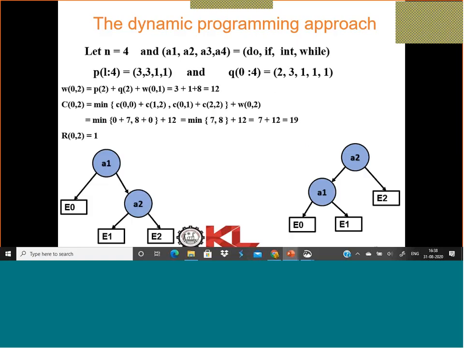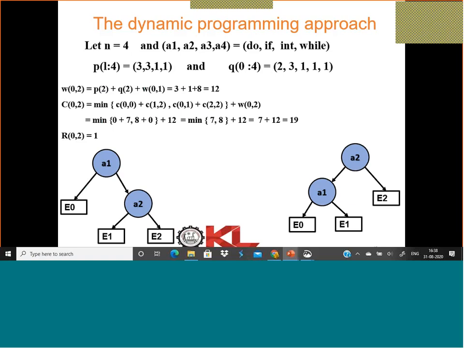Now I am looking at the trees which contain exactly two nodes. So how many two-node subtrees can I construct? Here A1, A2 is one tree which contains exactly two nodes. That is W of 0, comma 2. When I say 0, comma 2, what is there in the tree?